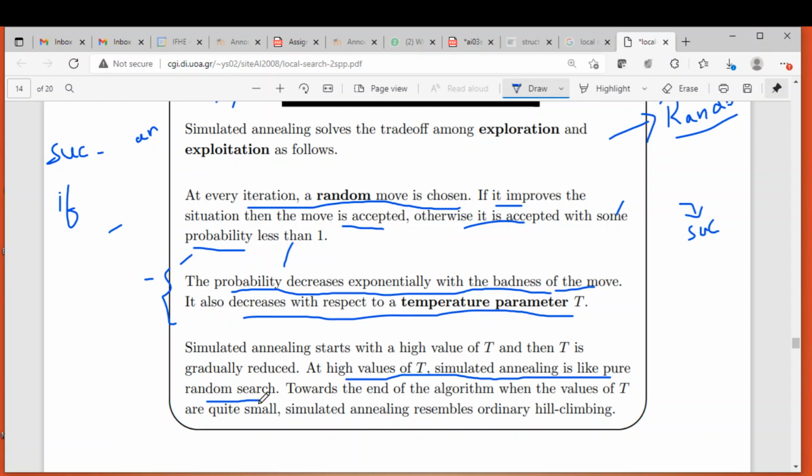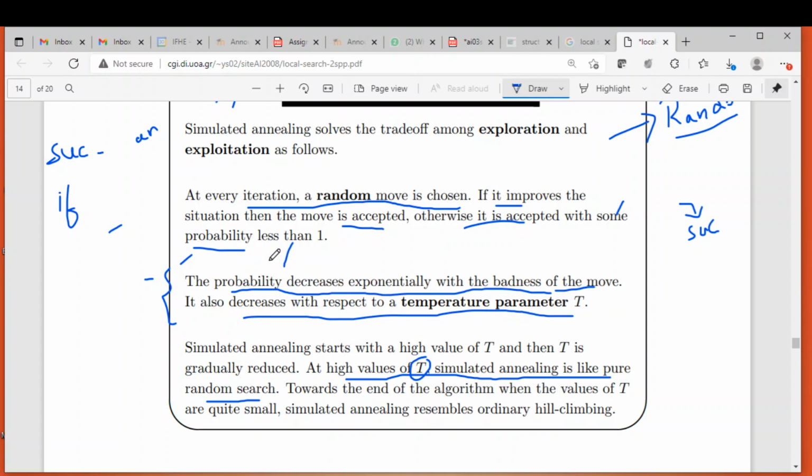Okay, that means it generates the next state, and if the next state is better than the current state, it will accept. If it is not better than the current state also, most probably it will accept, because your T value is high. If your T is high, then the probability also will be high, because probability decreases as T decreases.